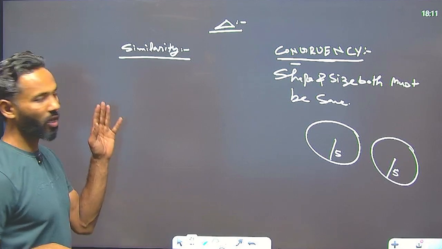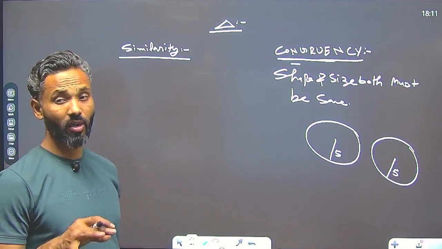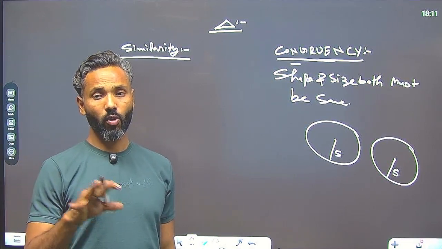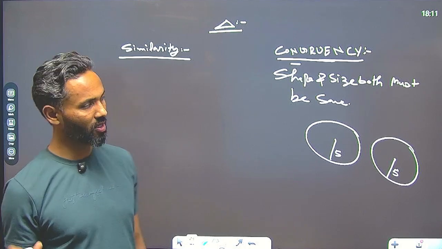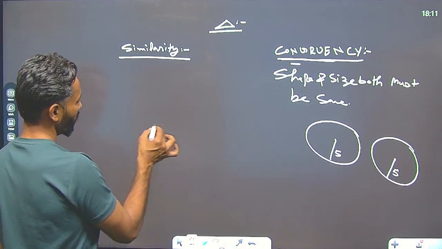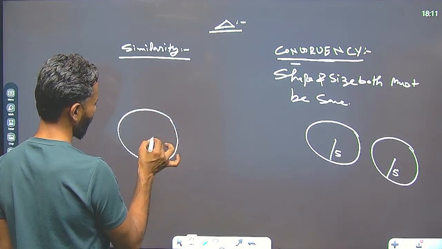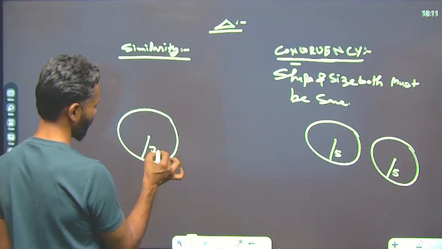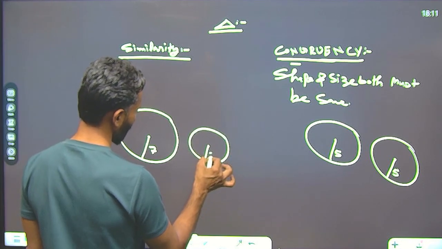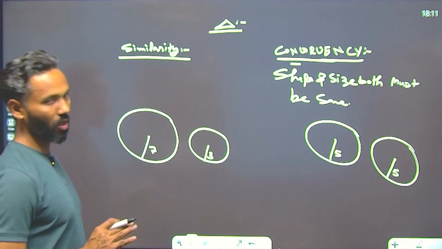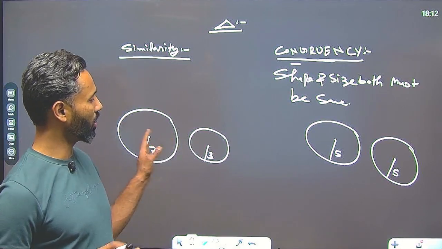If we are talking about similarity, what is similarity? In similarity, shape and size both need not be the same. It is not necessary for both of the things to be the same. Understand? Suppose here is a circle and the radius of this circle is 7 centimeter. And here's another circle, the radius of this circle is 3 centimeter. So which thing is the same in both diagrams?